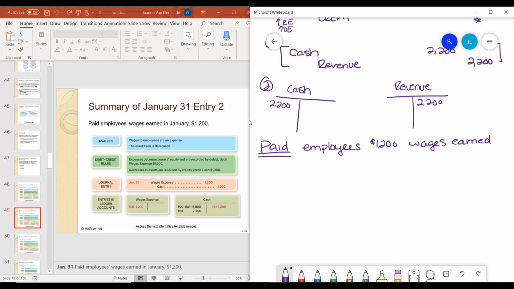It's money that we have to pay to our employees, whether we owe them the cash right away or we get to pay them later. So there's a couple things happening here. We paid the wages. So if you pay wages, that must mean it involves cash. So cash must be going down by $1,200. At the same time, if you're paying wages, that means you incurred an expense. Okay? So that would be salaries/wages expense.